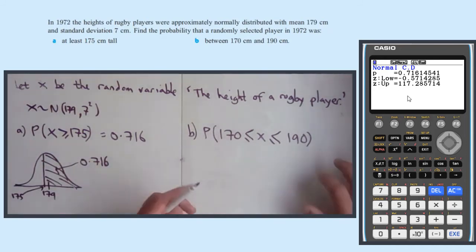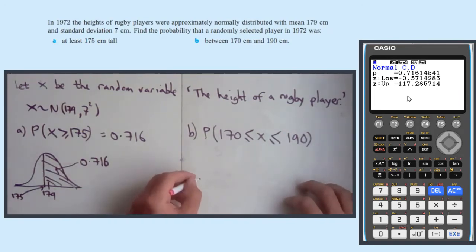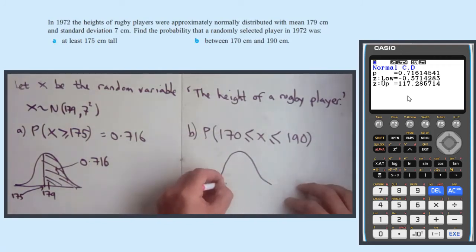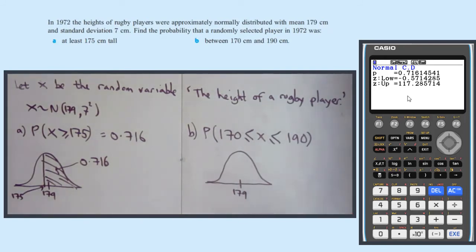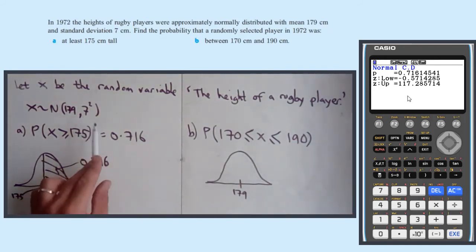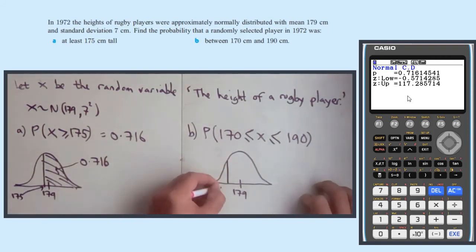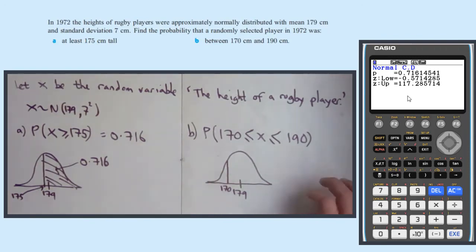So I could draw a little picture, but remember, you probably will get away with not doing it unless you're specifically asked to. So here's my little curve. We have the mean of 179. 170 is, with standard deviation is 7, so it's a bit more than one standard deviation away, so it's maybe over there somewhere. 190, well that's a bit less than 2 standard deviations away.